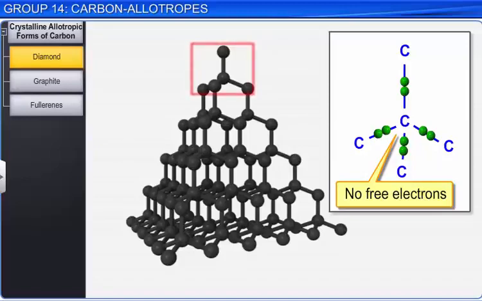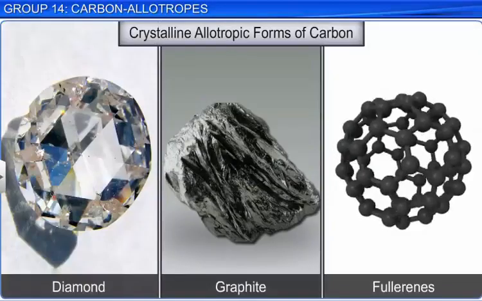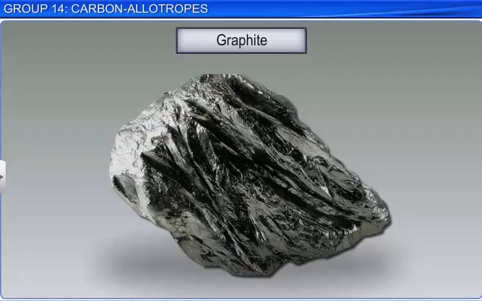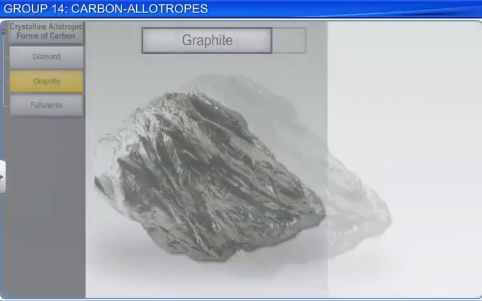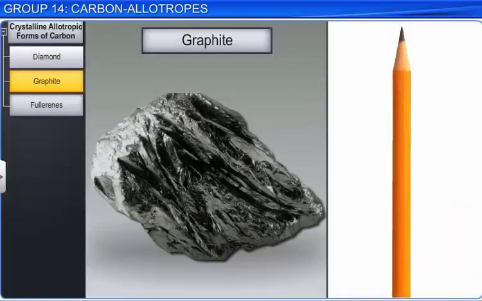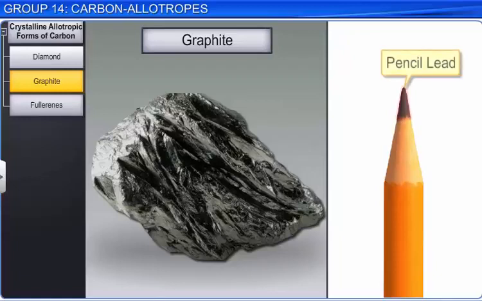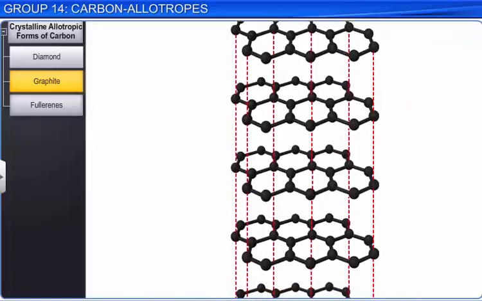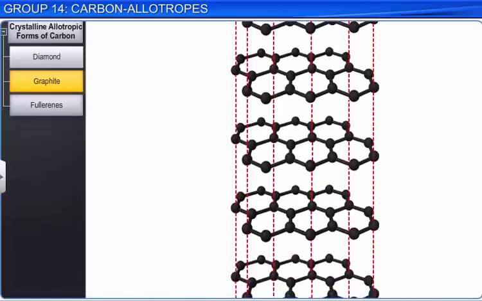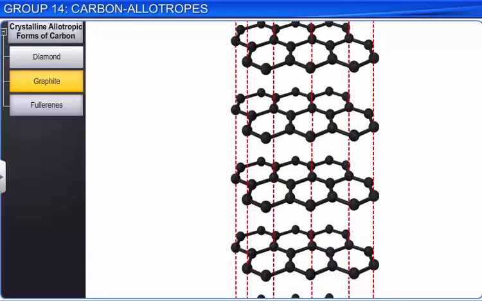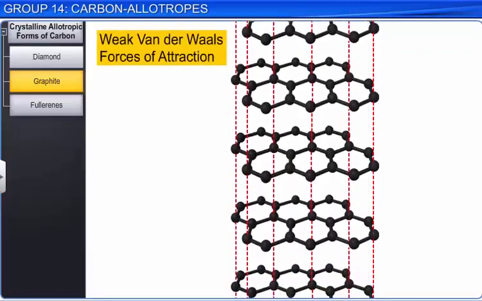Another important allotrope of carbon is graphite. You are probably most familiar with this form of carbon for its use in pencils. Despite the name, pencil leads are actually made of graphite. Graphite has a layered structure. These layers are held together by weak van der Waals forces of attraction.